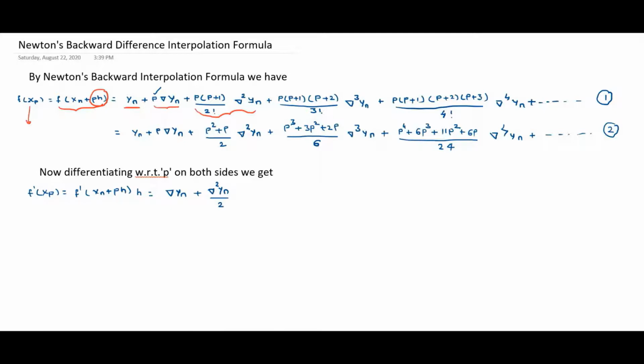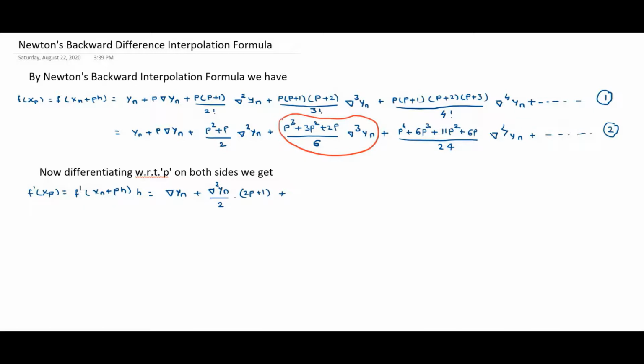Then I will differentiate this equation. If you differentiate here, del square yn divided by 2 is constant. What is differentiation of p square plus p? Differentiation of p square plus p is equal to 2p plus 1. That is 2p plus 1 plus. Now differentiate this term.